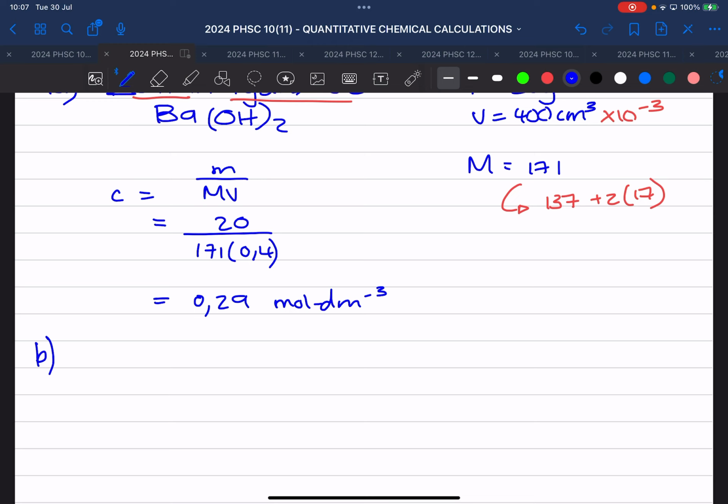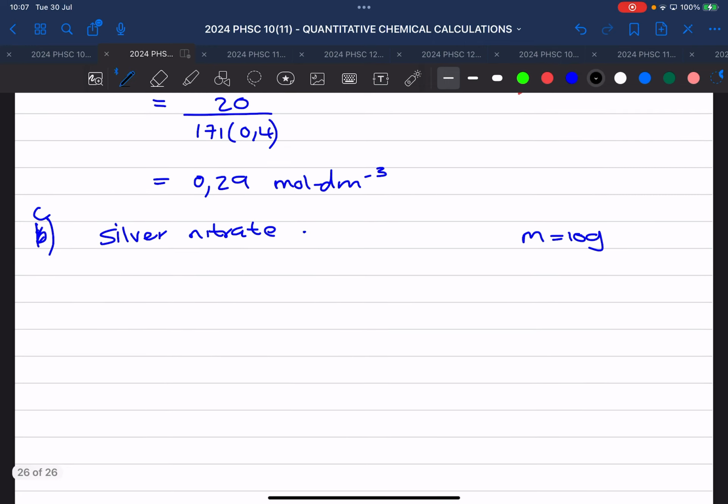C. C, it says the mass is 10 grams of silver nitrate. Silver nitrate. Atlehang, what does silver nitrate look like? What is silver's symbol? AG. Yes. And nitrate?